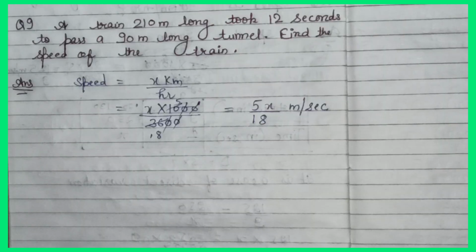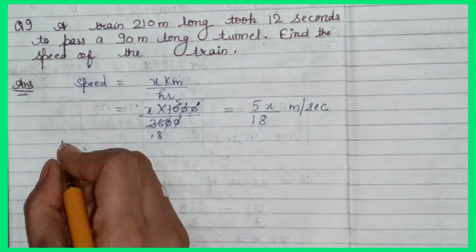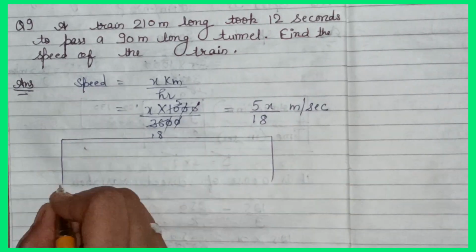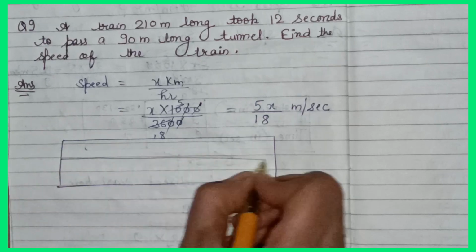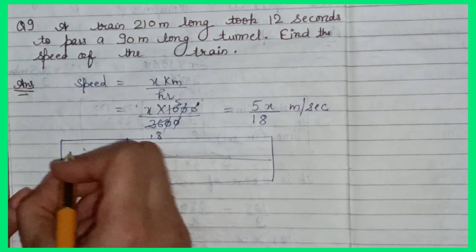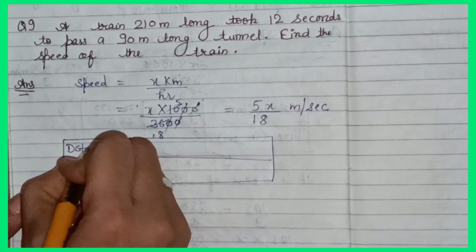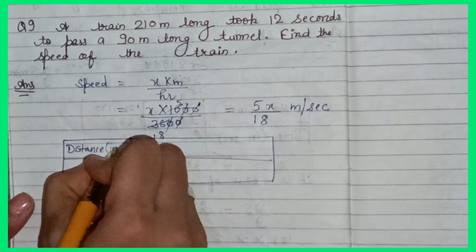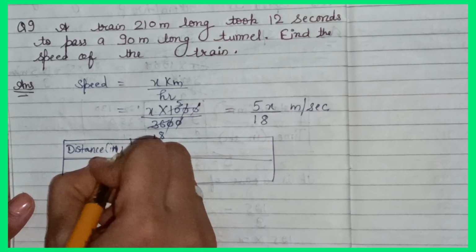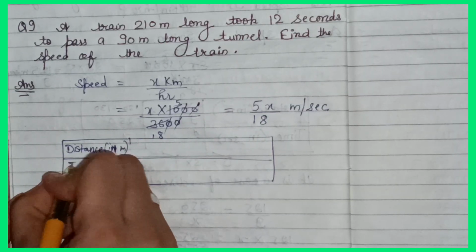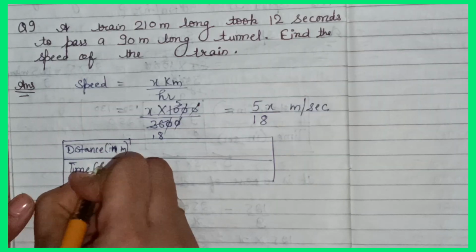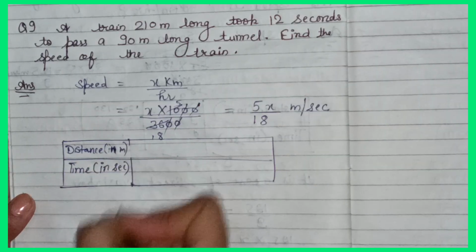So firstly I have to make the table here. In the first line I write distance, which is in meter, and time, which is in second.